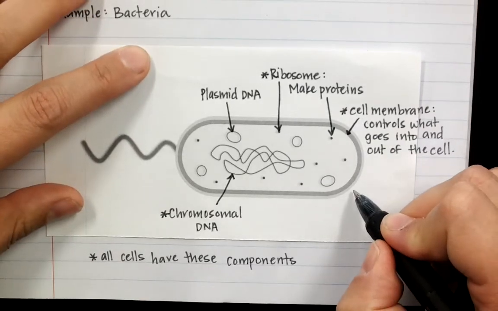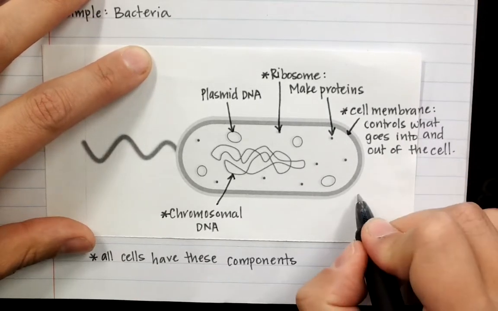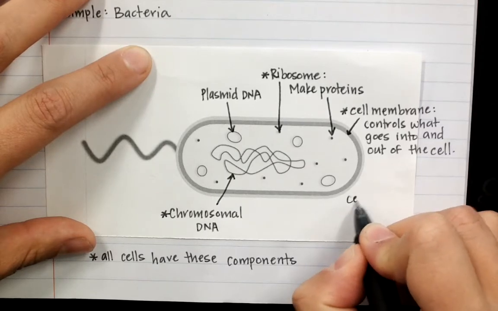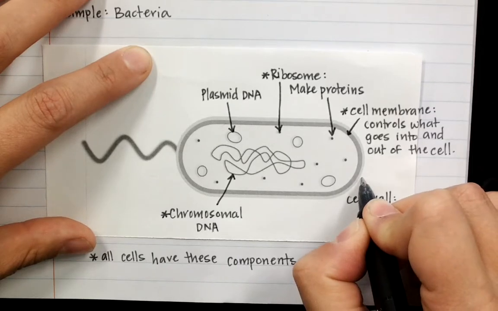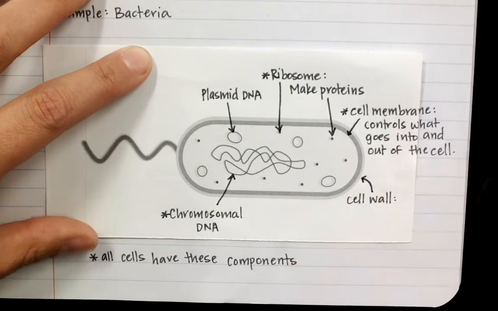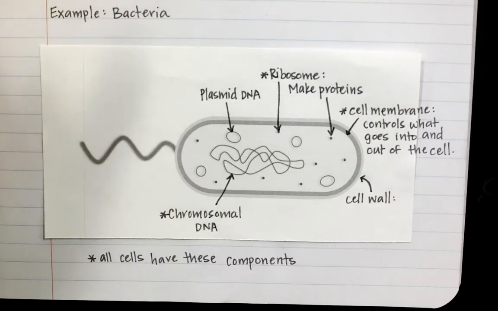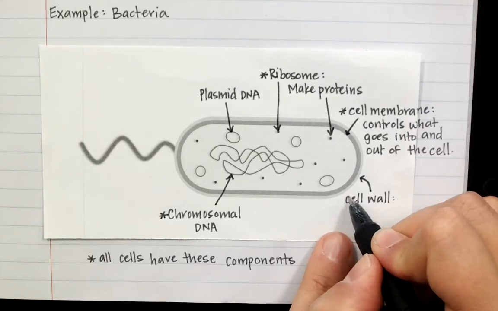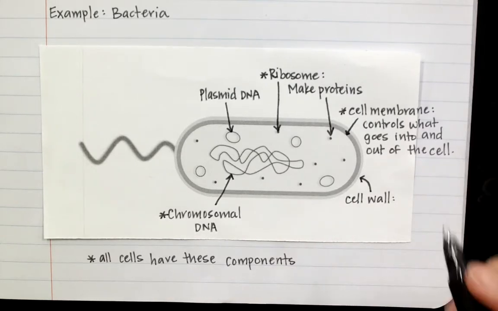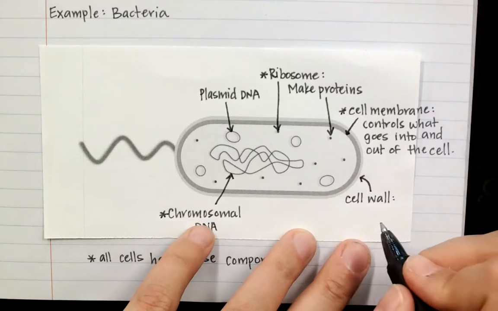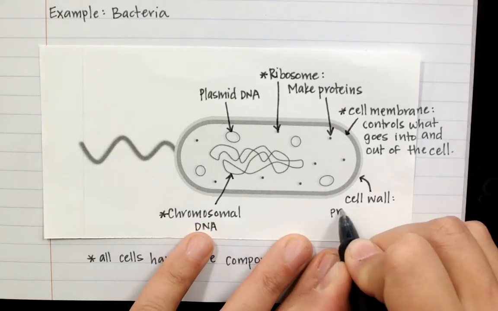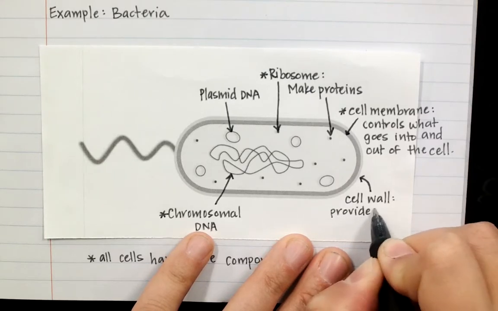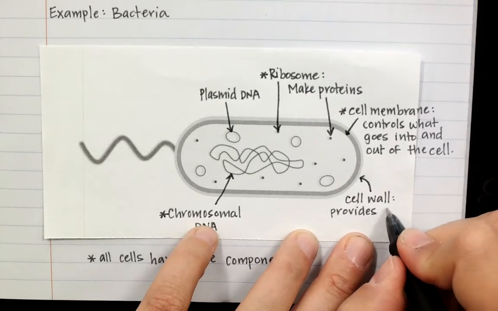All right, the next thing that we're going to talk about is the cell wall. And the cell wall is this outer layer. And the cell wall is something that plants have as well. So animals don't have a cell wall, but bacteria and plants have a cell wall. And the purpose of the cell wall is that it provides structure.